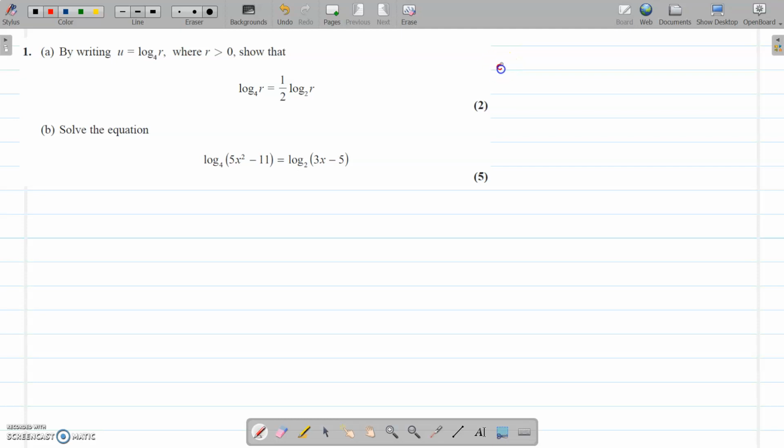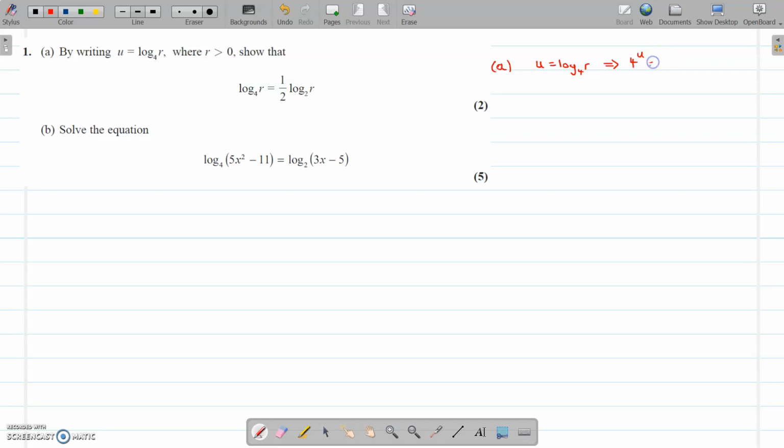Okay, so part A, we have that u equals log to base 4 of r. That's given. Implies that 4 to the power of u equals r.